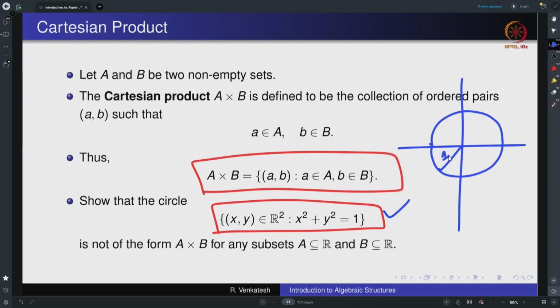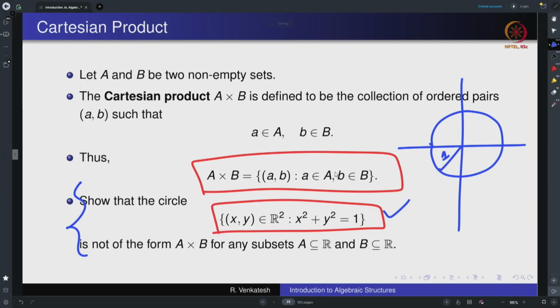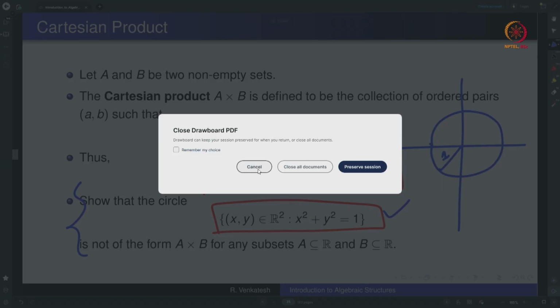Here there is no way you can fit rectangles inside the circle. You think about it and you can use basic logic in order to prove this. Okay. So, this is what I wanted to talk about regarding the Cartesian product.